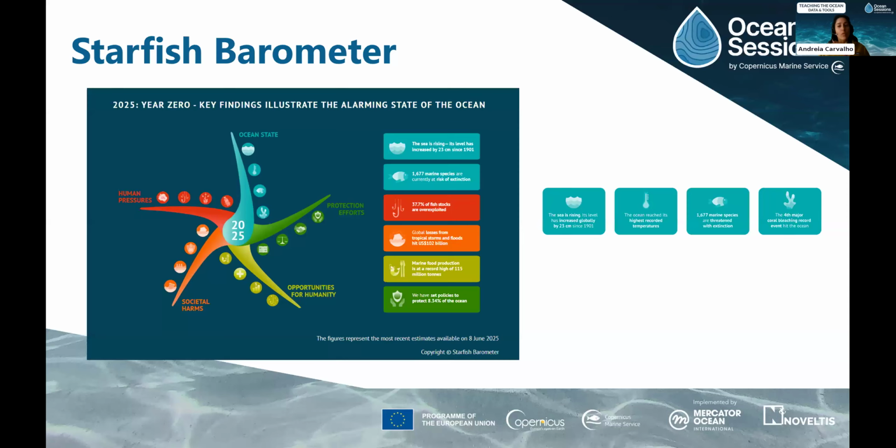A new report that we have been developing since last year is the Starfish Barometer. It's a yearly assessment of different topics related to the ocean, not only the state of the ocean, but also other topics like protection efforts, opportunities for humanity, societal harms, and human pressures, so all the activities that humans are creating that are impacting the ocean, marine ecosystems, and the different resources.